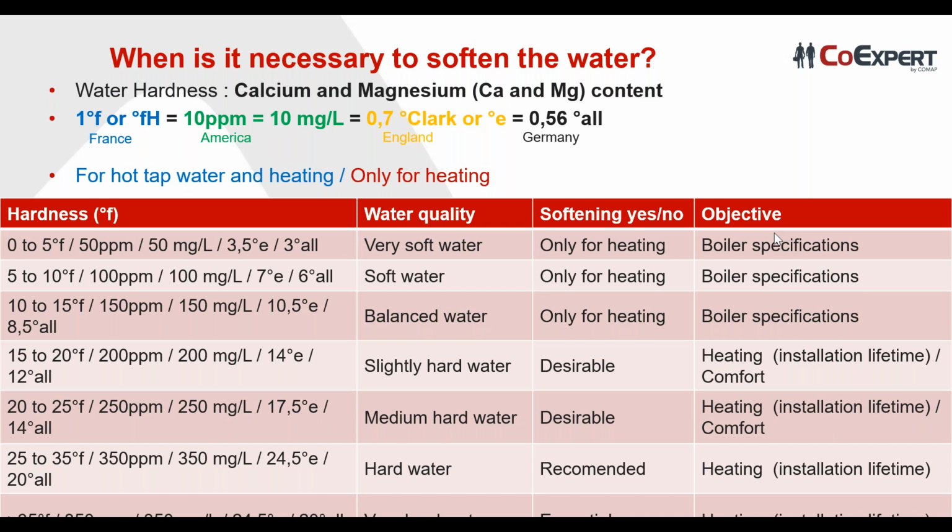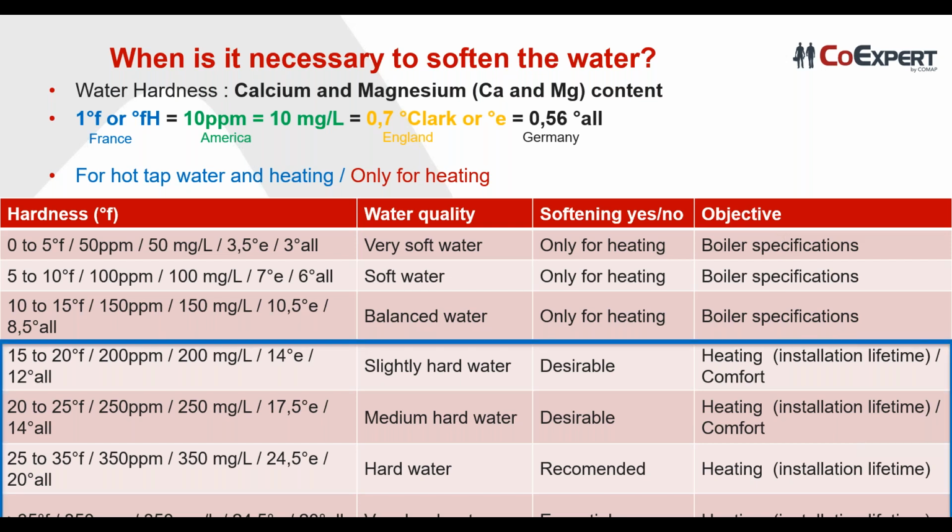So if the water is used for the heating network and for the hot tap water network, it will be necessary or desirable for the first stage to soften the water when the hardness is above 15 French degrees.